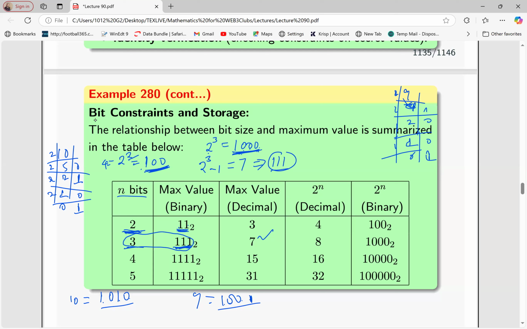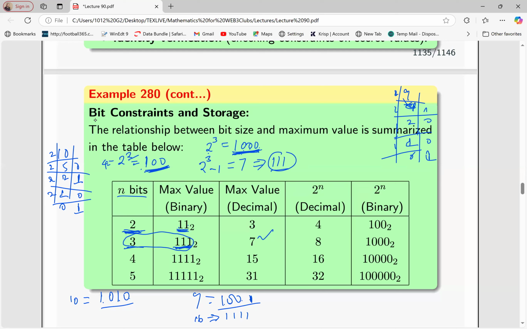Now, what is the highest 4 bit? The highest 4 bit is supposed to be 1, 1, 1, 1. 4 ones. And this is 15. This is the highest 4 bits.